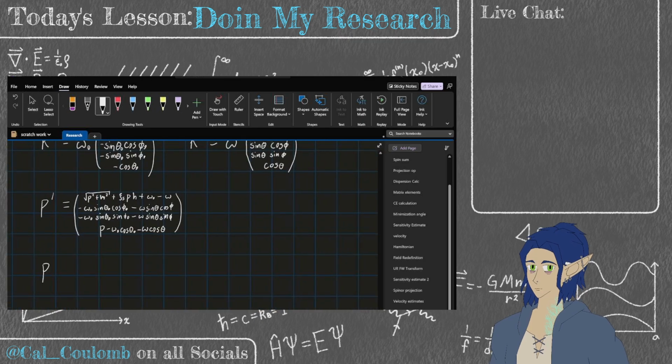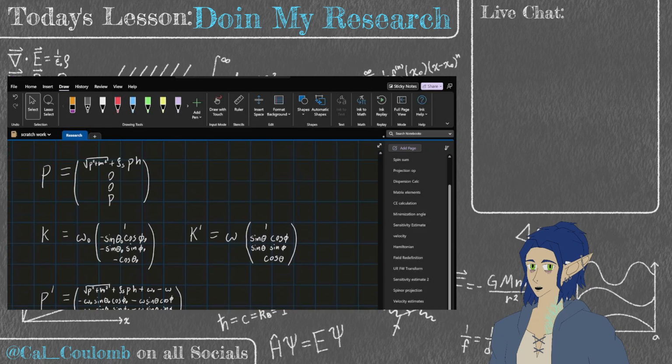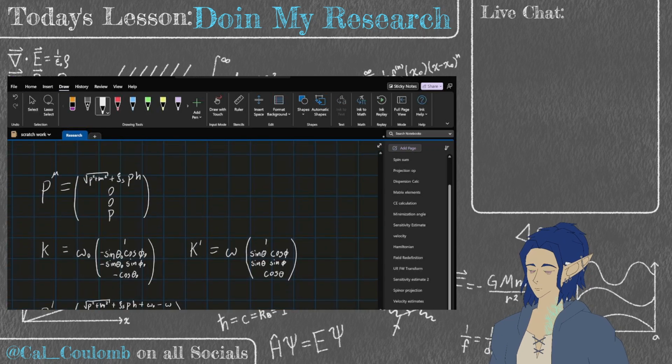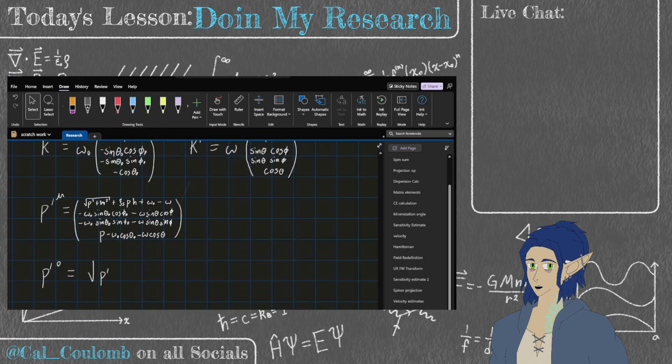p prime 0 is equal to the square root of the vector p prime, maybe I'll just call that p prime. Let me add indices to this, just so we know that we're talking about the vectors for these.